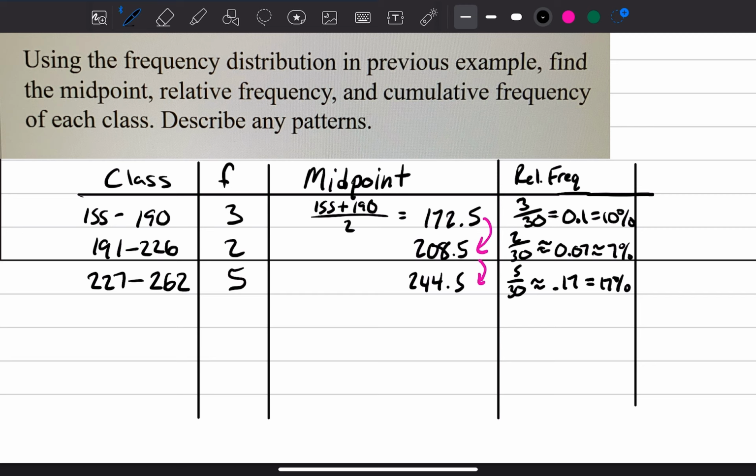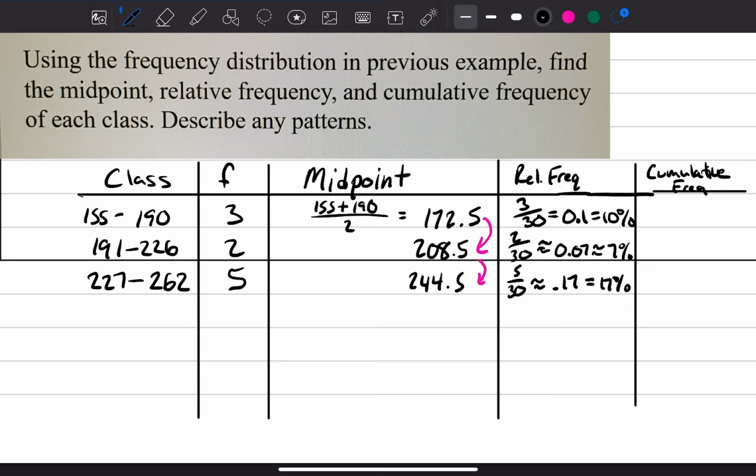All right, now the next column we're going to add is a cumulative frequency. And we have done this before, especially last semester, but a quick refresher. Cumulative means you're adding, you're collecting. So within the first class, there are 3 frequencies.